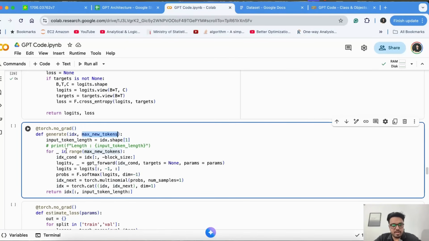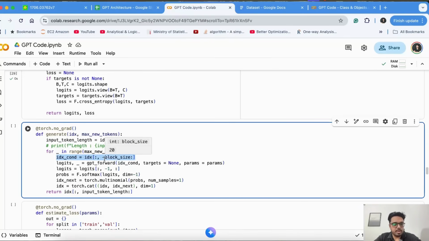How it effectively works is that it iterates for the number of new tokens that it wants to predict, and in each iteration it first truncates the input token sequence to a maximum size of L, which is 10 in our case, which is what we have trained our model on. So that is what it takes as input.